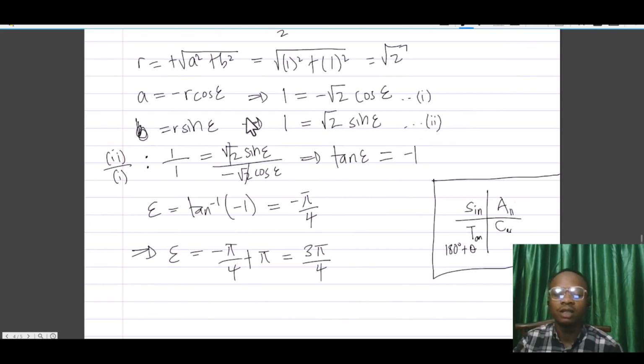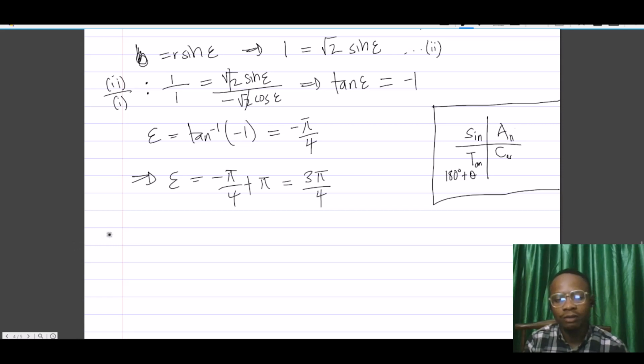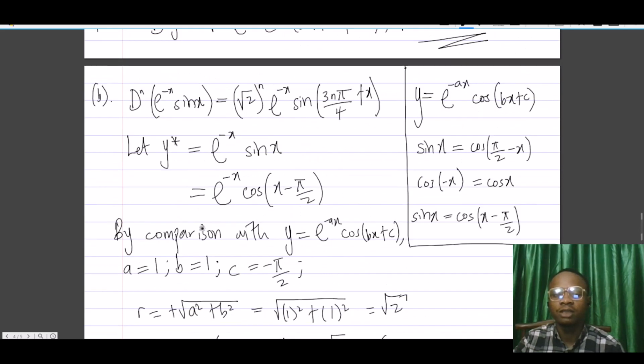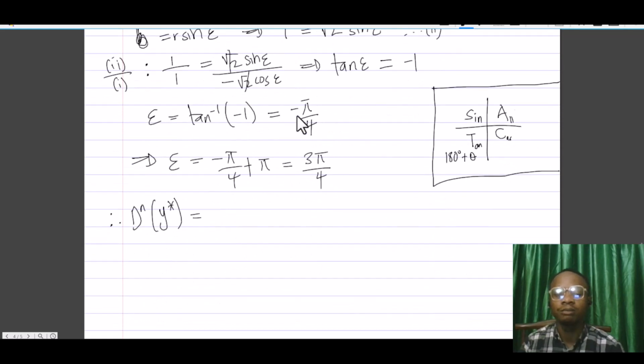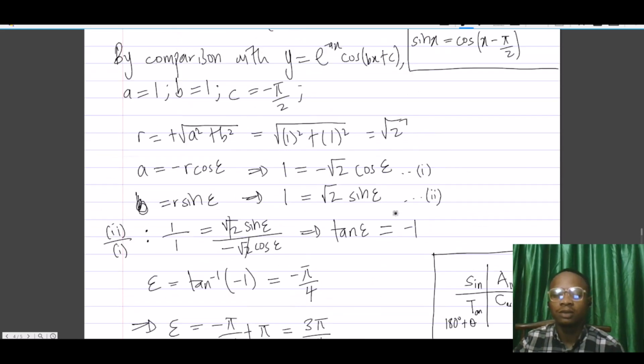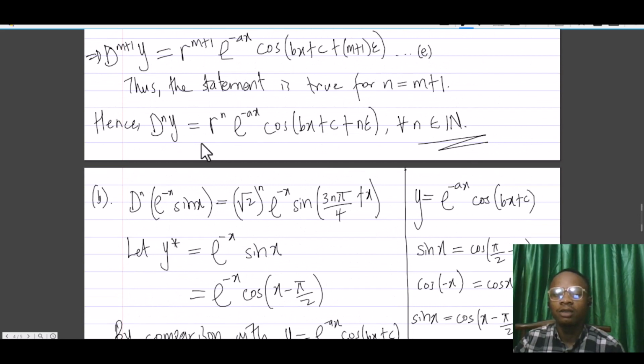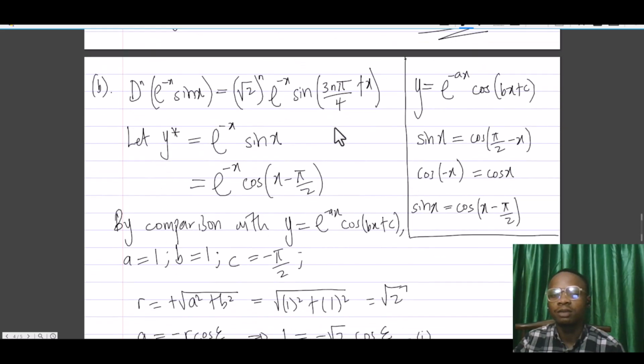Therefore, the nth derivative of y star will be equal to, let's write out this general formula that we have verified already: r to the power of n, e to the power of minus ax, then cos of bx plus c plus n epsilon. That's what we have up here, e to the power of minus ax cos of bx plus c plus n epsilon.